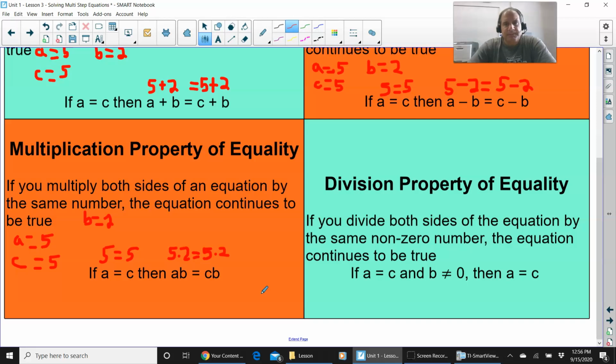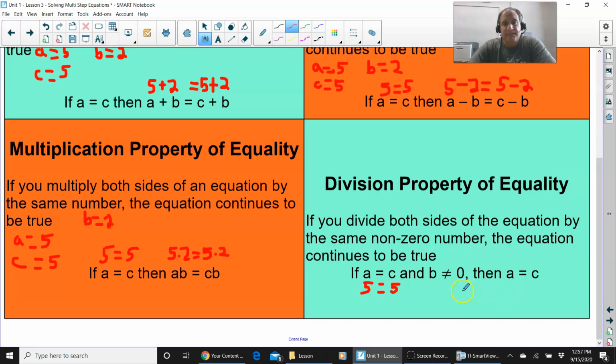Division property: if you divide both sides of the equation by the same non-zero number, it can't be 0, you can't divide by 0, the equation continues to be true. Again, if we put 5 equals 5, if I put A and C equal to each other, and B cannot be 0, which I already said B is 2, then A equals C once you divide.